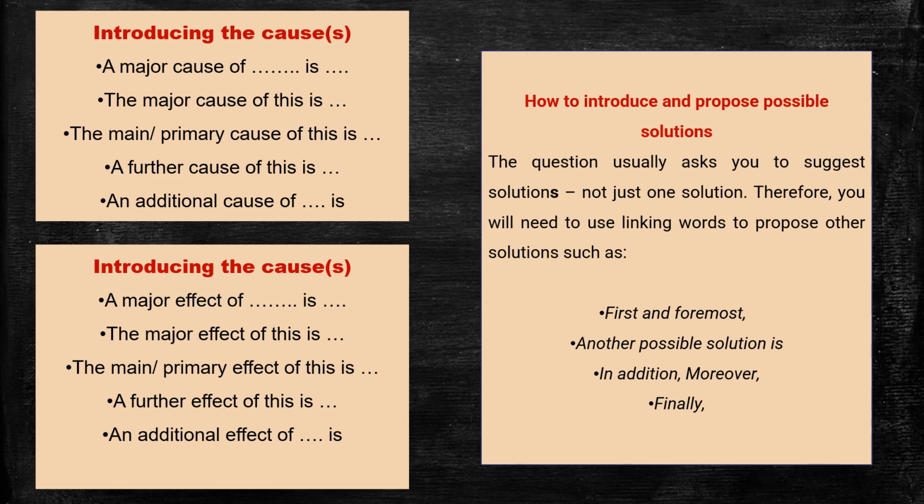Then, when you are writing about the other causes, you use the words a further cause of, an additional cause of, or another cause of. Then in the next paragraph, you write the solutions. When you write the solutions, for the first solution, you say first and foremost and write your solution and explain with example. Then say another possible solution is, give your second solution, example and explanation. Finally, give your last solution and explain it. Clear?